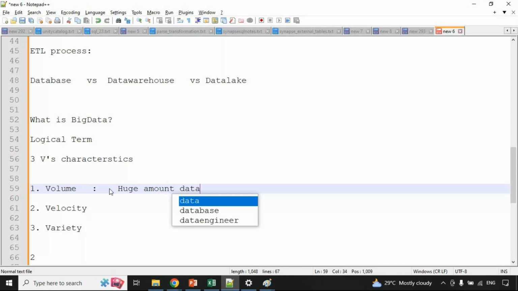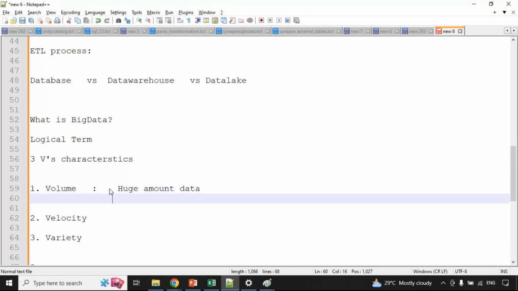Consider Gmail, which has an attachment size limit of 25 MB. If you try to attach more than 25 MB, from Gmail's point of view it is big data, because I am going beyond its capacity.